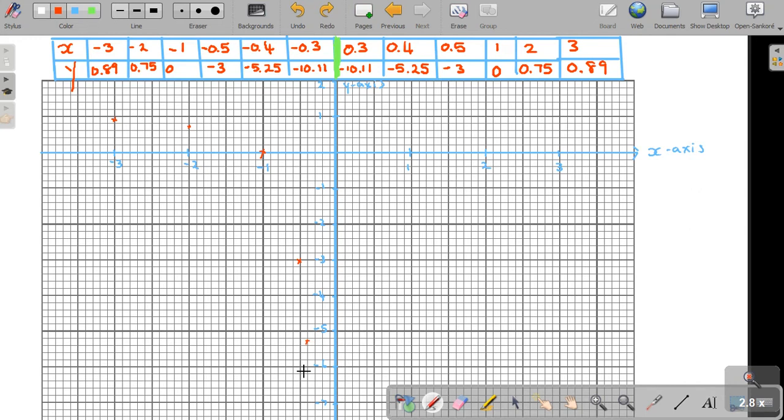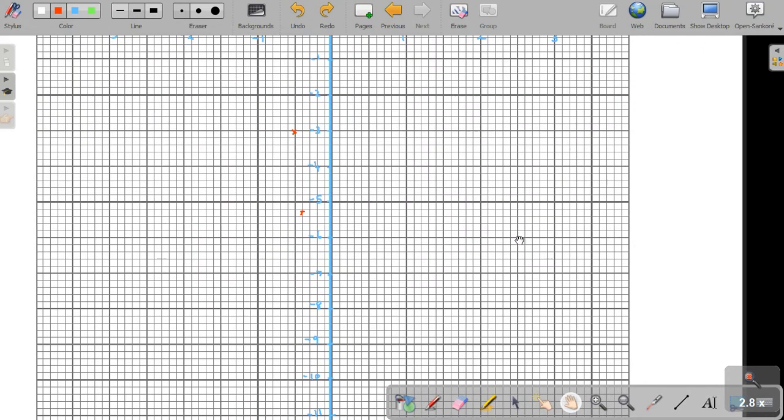Okay. And then this is 0.3. Okay, so it's 1, 2, 3, and it must still go down. Okay, remember, so it's -0.3 and I'm just going to do -0.3.